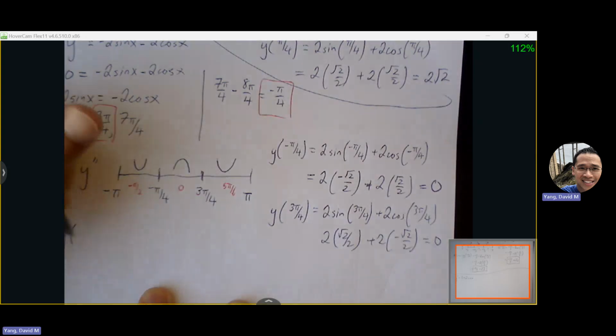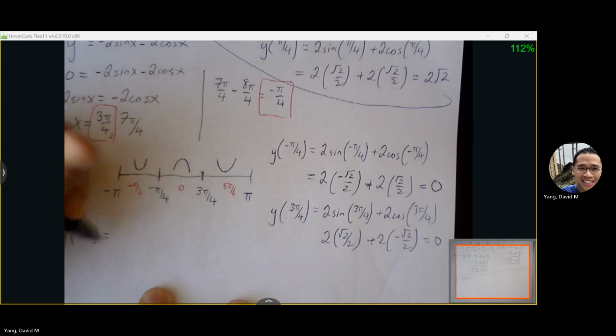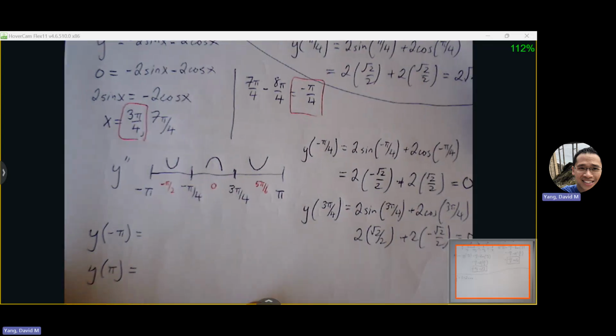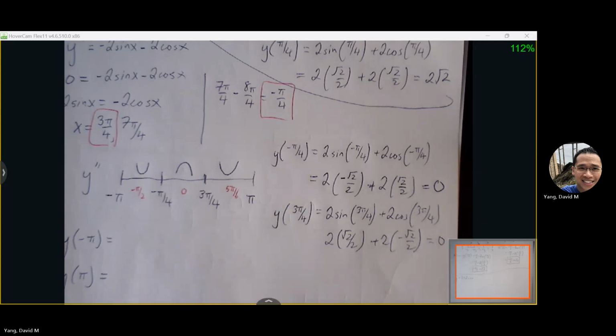Find your endpoints as well. And then you can plot your graph. We have all the information that we need. And then fill in all of your statements of increase, decrease, relative max, relative min, including all your because statements.